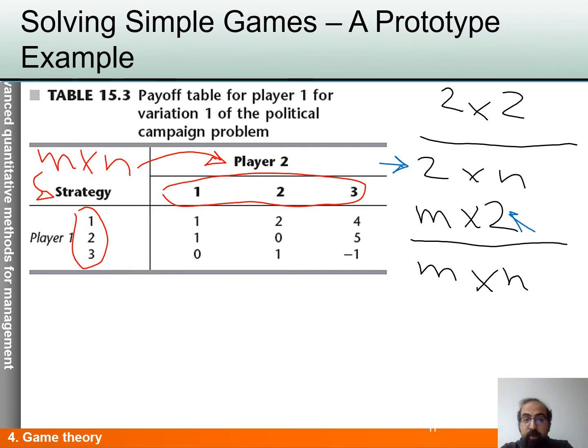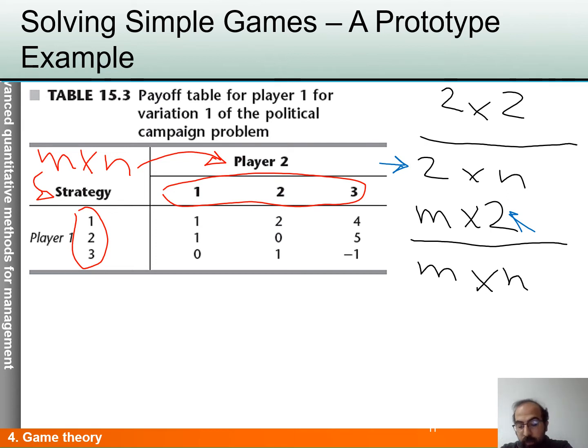Although we can generally name any table size m and n, in this classification, after 2 multiplied by n and m multiplied by 2, m multiplied by n means that each of them is at least 3 or more. And the solution for this size of table is linear programming.